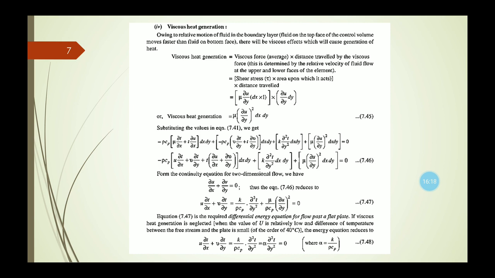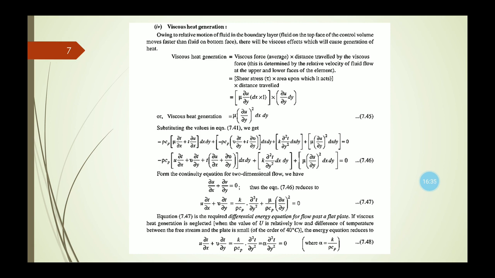Now from the continuity equation for two-dimensional flow, we can write that ∂u/∂x plus ∂v/∂y is equal to 0. This is the continuity equation for any two-dimensional flow which is known to us.